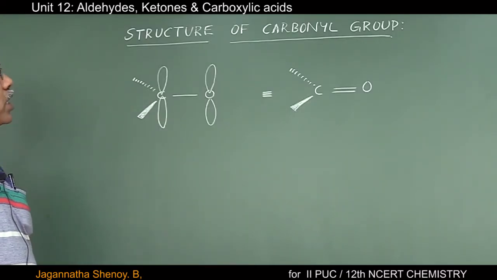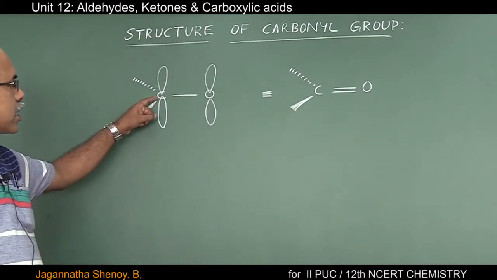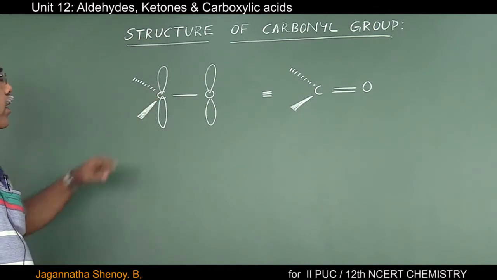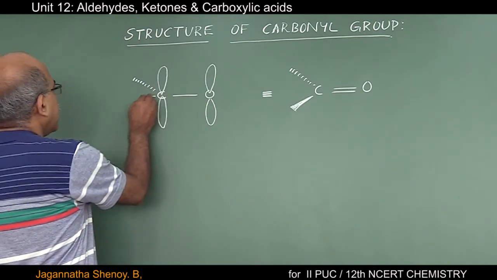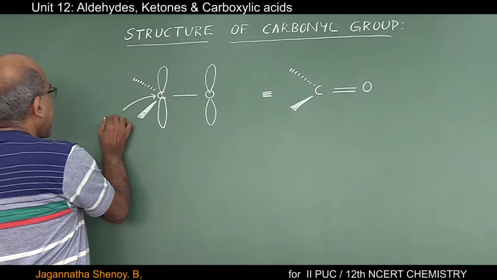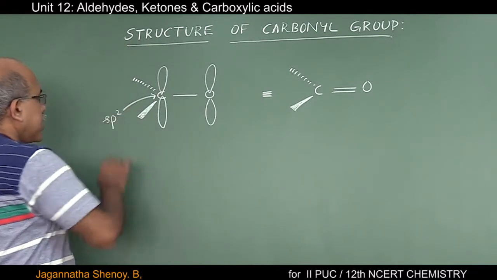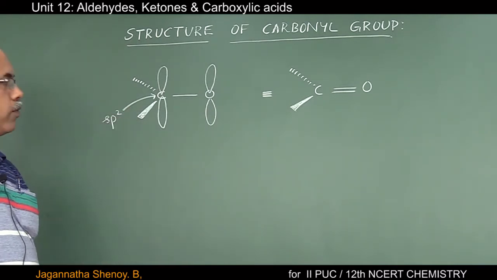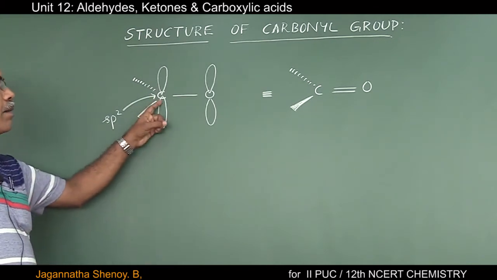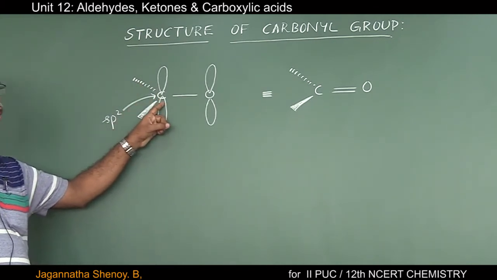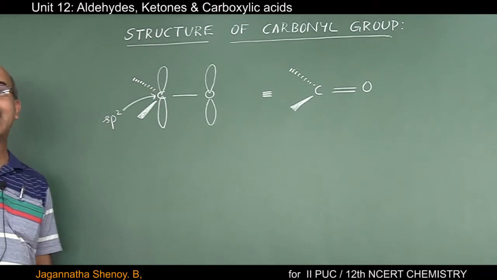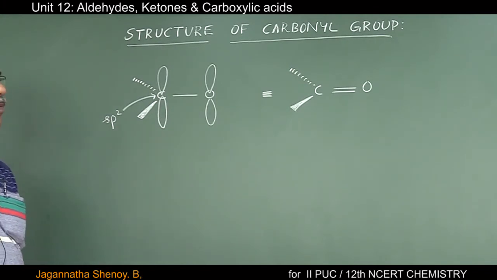Let us talk about the structure of the carbonyl group. This is the carbonyl carbon, and this carbonyl carbon undergoes sp2 hybridization. So for 1 mark, the carbon atom of the carbonyl group undergoes sp2 hybridization.